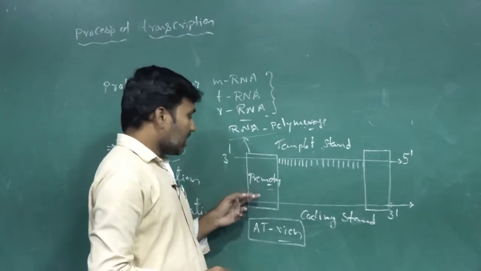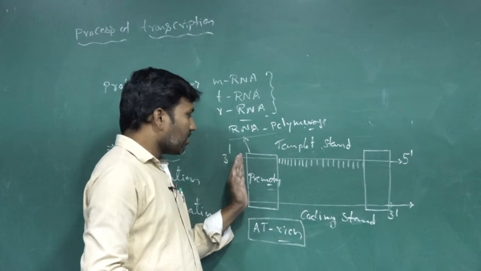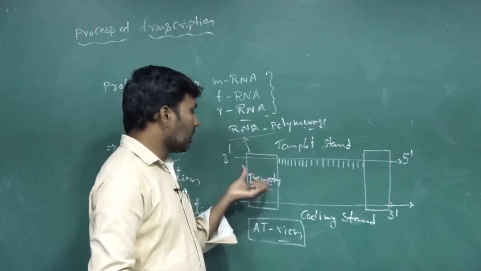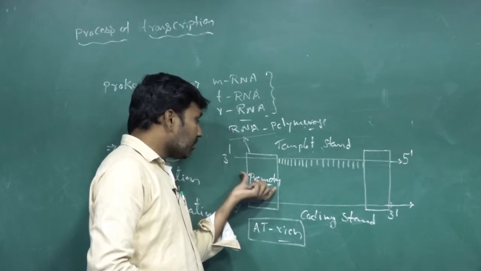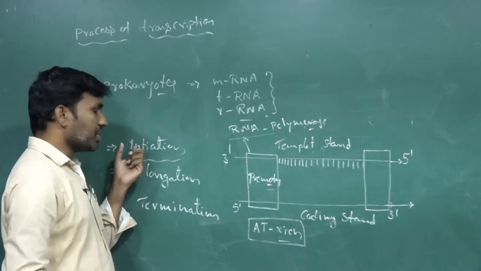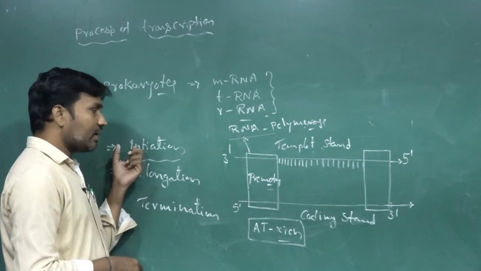By recognition of this specific sequence, later on it moves in this direction. How it binds here, that process is called initiation. First one is called initiation. That means RNA polymerase comes and attaches to the DNA template.